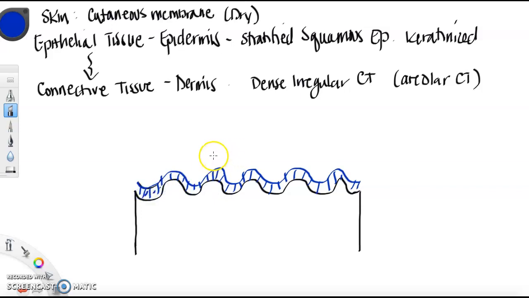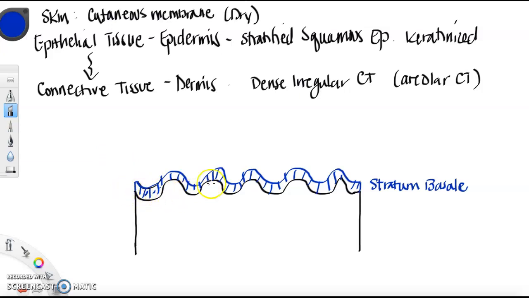And this one layer of cells makes up a whole layer, and that's called the stratum basale. And these cells are very mitotic, so they divide.